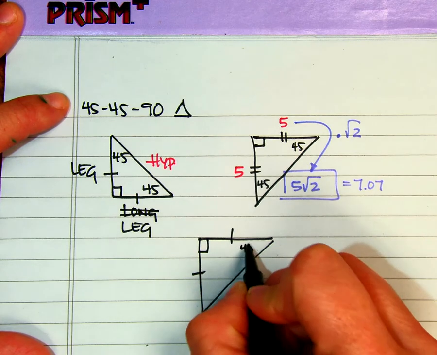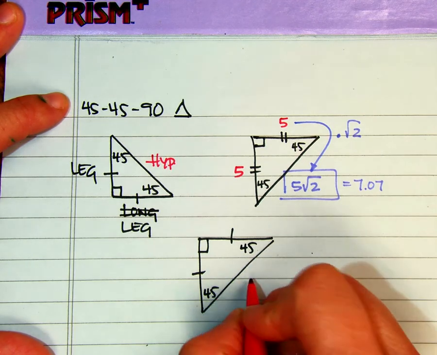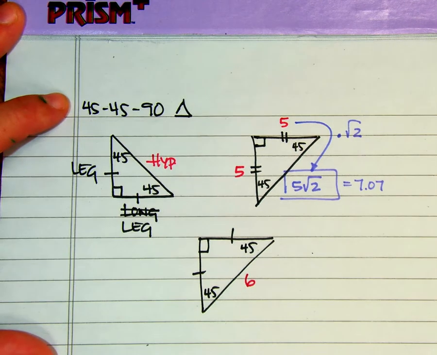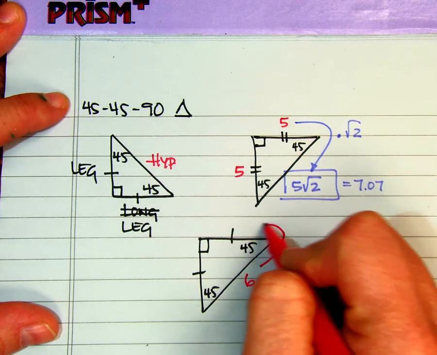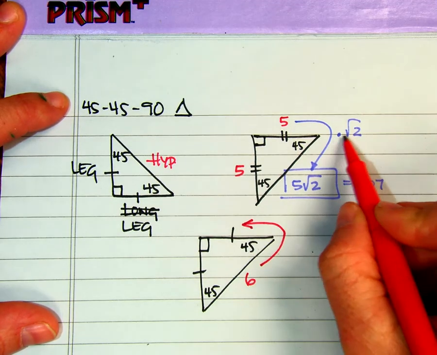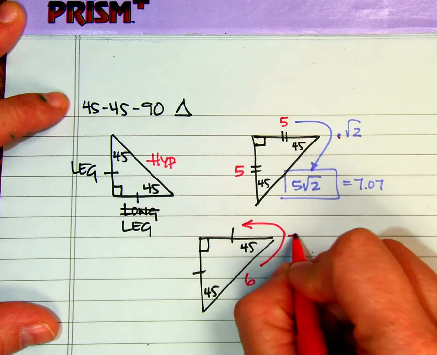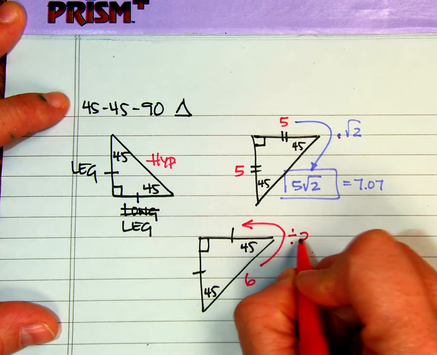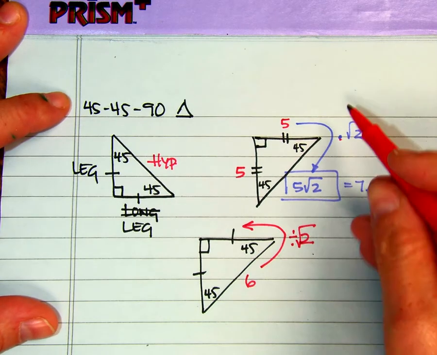Okay, so we're right back to another 45, 45, 90. If I were to give you the hypotenuse instead, let's say 6, I'm now going backwards. I said that wrong. Let me back up.